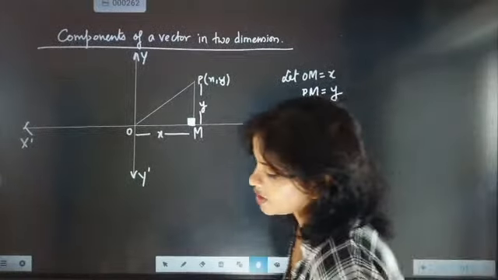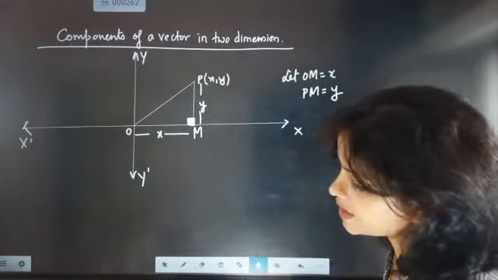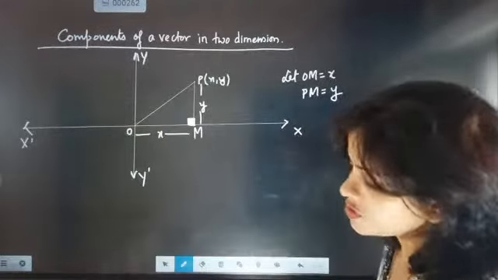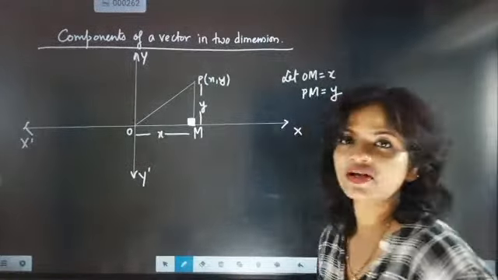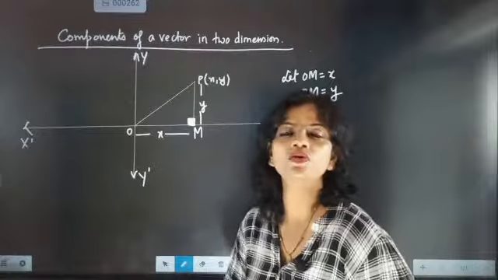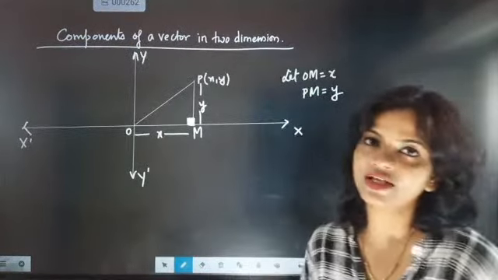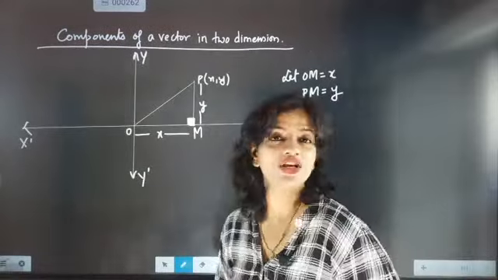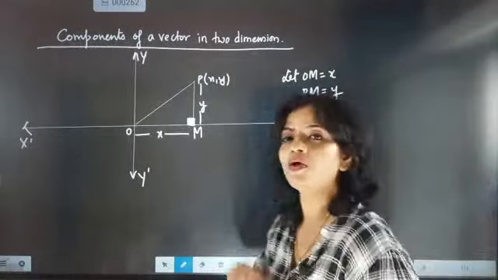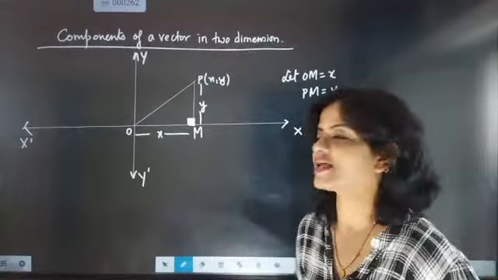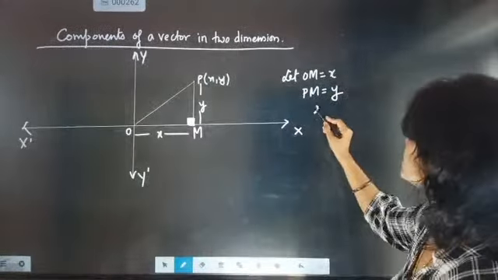After writing OM equal to x and PM equal to y, we will introduce unit vectors. What are I vector and J vector? I vector is called the unit vector along OX, and J vector is a unit vector along OY, that is, the x-axis and y-axis.